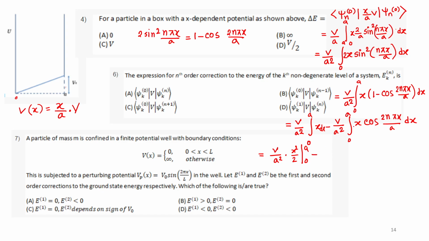And what about this integration by parts? Let us do it in this blank page. Maybe we have x cos 2n pi x by a dx.